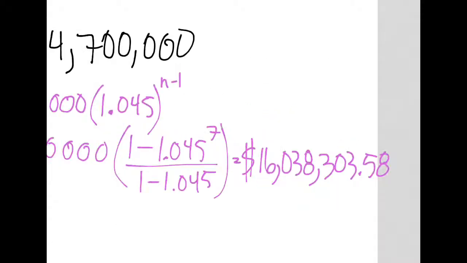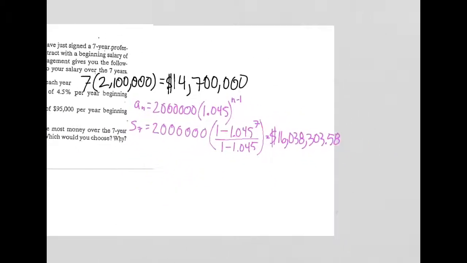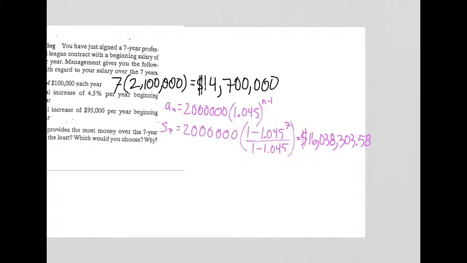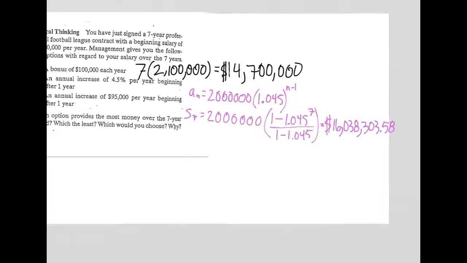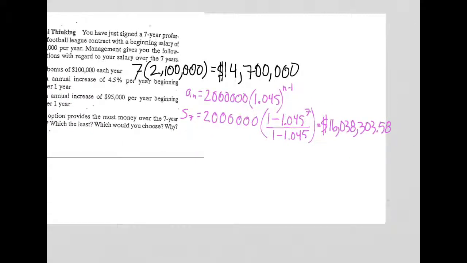Calculate that number, and with this option, we're going to get $16,038,303.58. So clearly option 2 is significantly better than option 1. You get almost, I can't do math, you get a little less than $1.5 million more, which is pretty awesome.